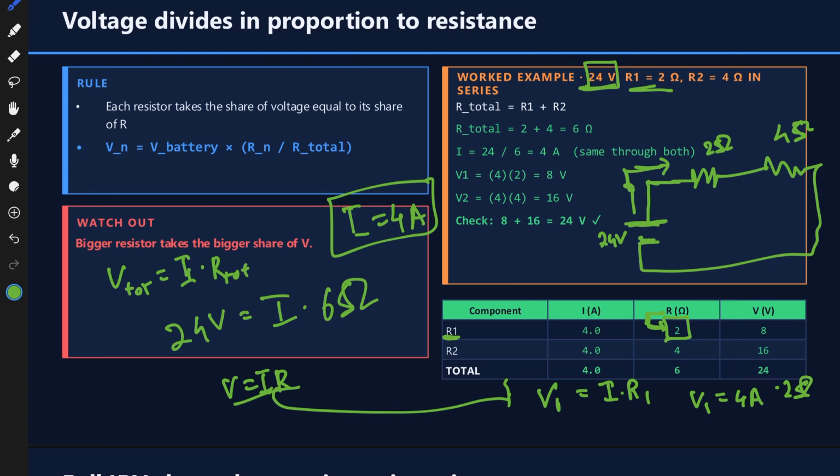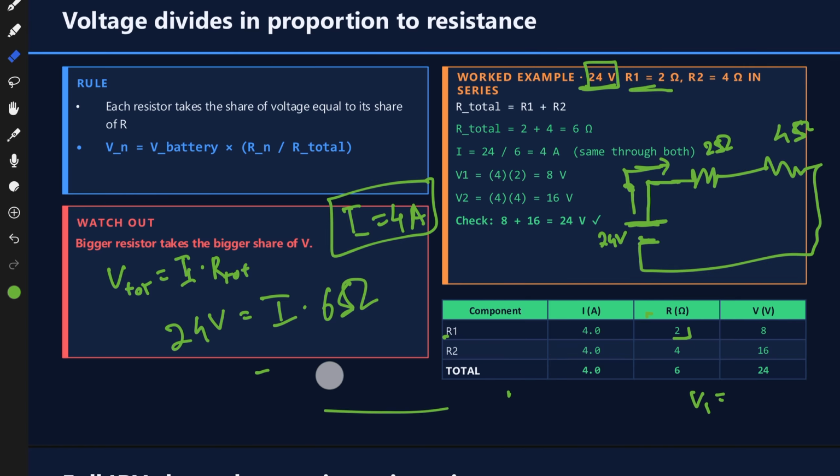So this is 8 volts. Okay, and then you can obviously put that there. So actually, let me erase this for next time. I write 8 volts goes here for resistance 1.